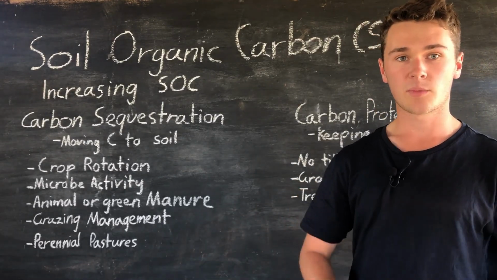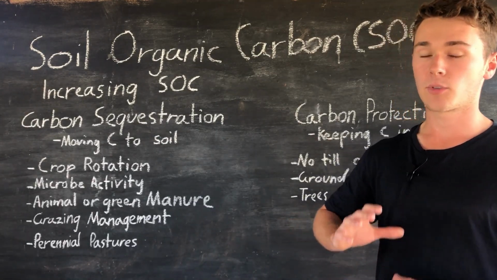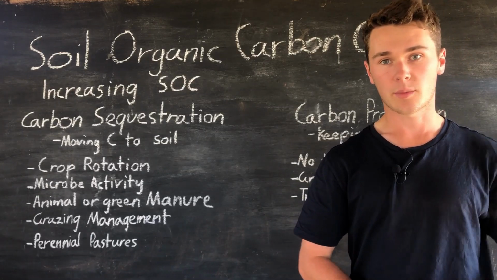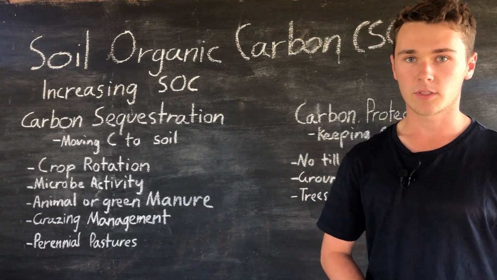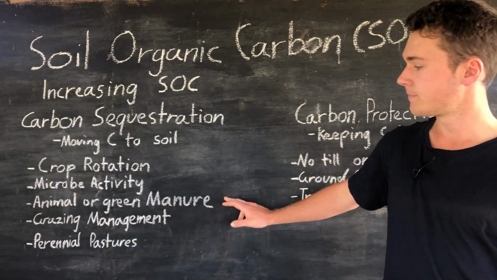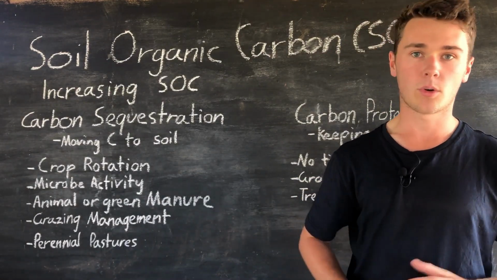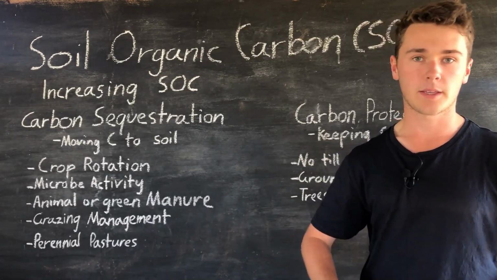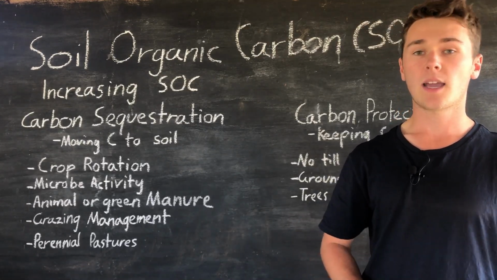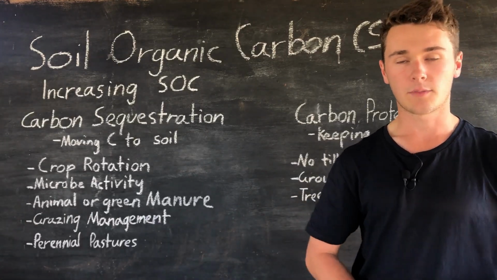Now, grazing management is really important if you have livestock, because it can be a really helpful tool or it can be a really damaging tool. Depending on how you use it, grazing management can increase animal manure, and it also removes plant matter. This can be a good or a bad thing, because if you stress a plant just a little bit, you actually get an increase of growth compared to if you left it alone.